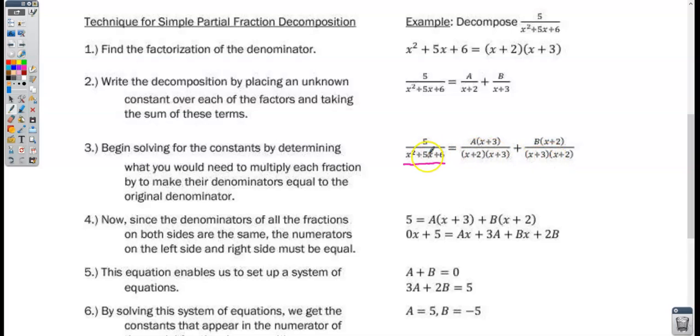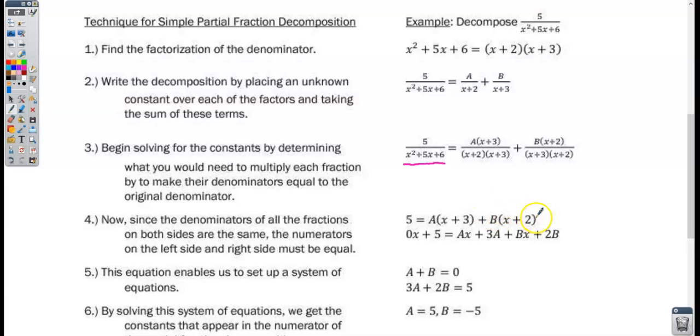I usually don't show this step at any point in the process. But what does happen is, since the denominators of all of these are equal, that means the numerators of the left side and the right-hand side have to be equal to one another. So 5 has to be equal to a times the quantity x plus 3 plus b times the quantity x plus 2.